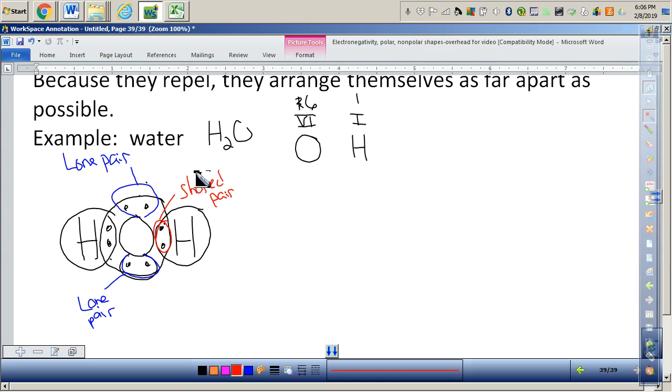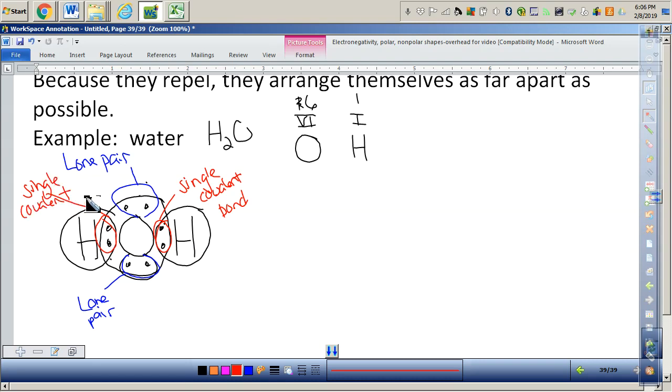A shared pair is also known as a bond, and because it's only one shared pair, this is a single covalent bond. So we actually have 2 single covalent bonds here.